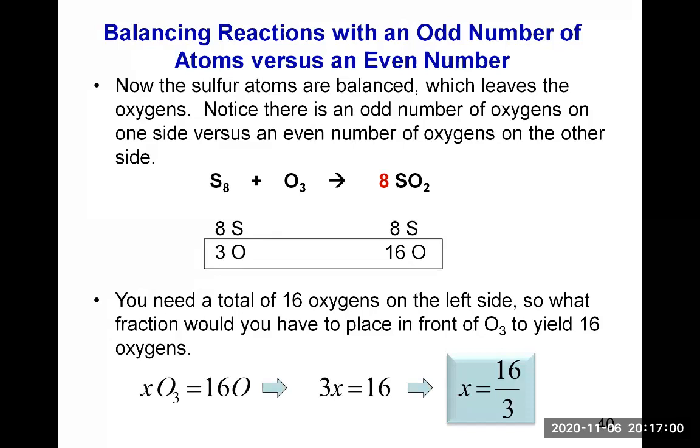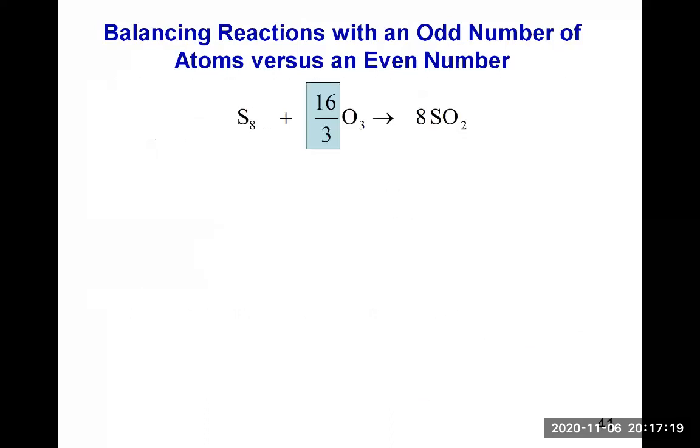You can rewrite this by saying that 3x is 16, because the coefficient x will have to be multiplied by the subscript 3. So then x is 16 over 3. So you place this fraction in front of O3, and when you multiply this coefficient by the subscript of 3 on ozone, you get 16 oxygen on the left.